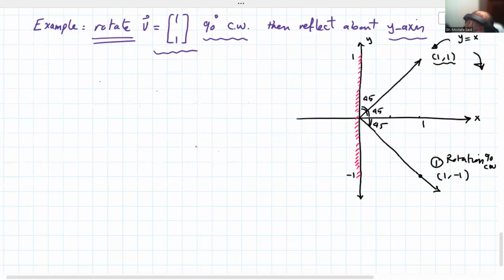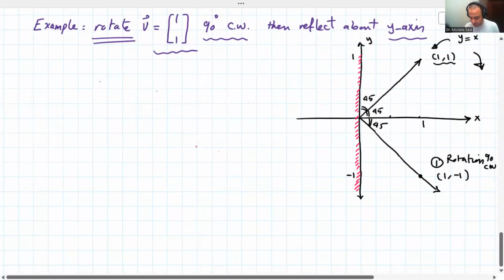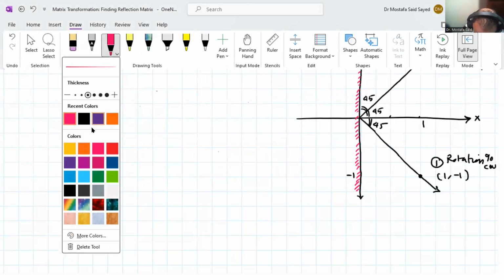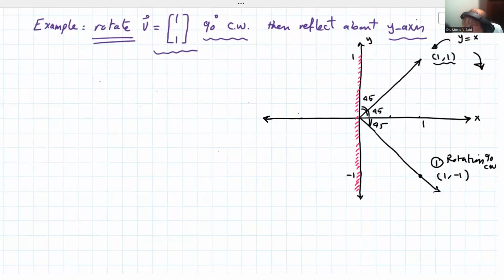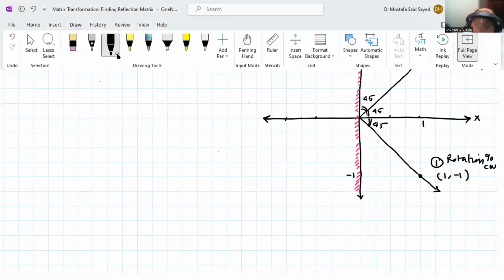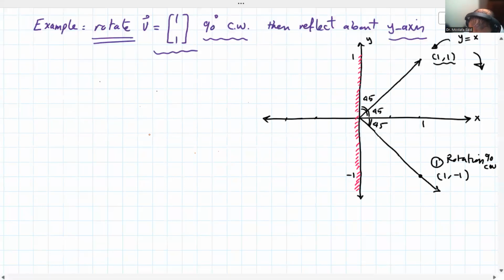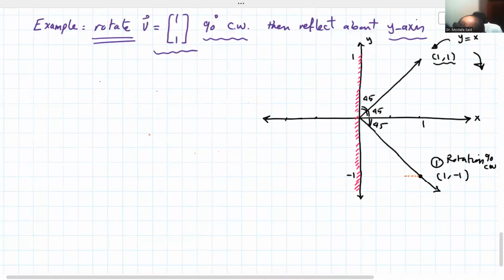Of course, you don't need to do this when you solve it yourself. I'm just doing that to make it more clear for you. What we need to do is extend a perpendicular line like that, then continue extending with equal distance, so we end up here.